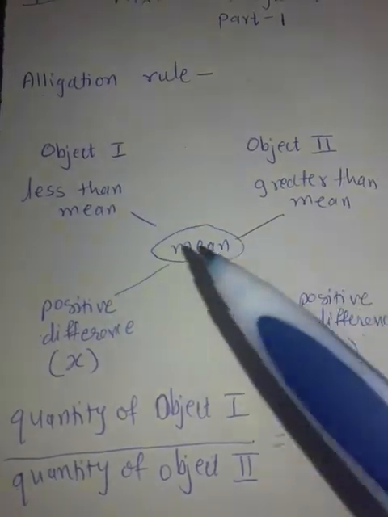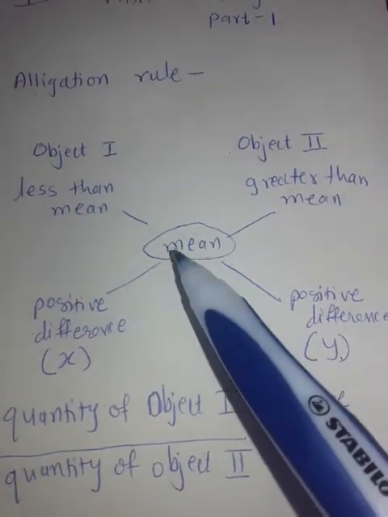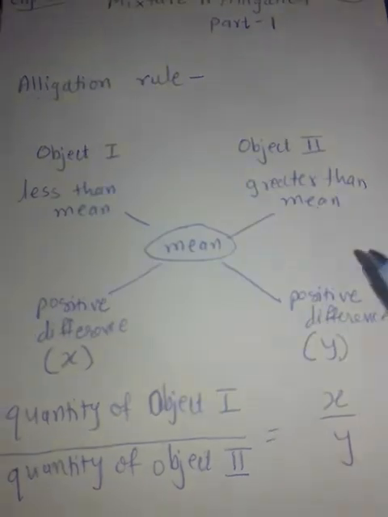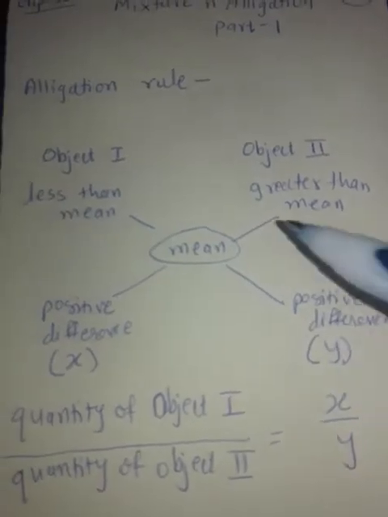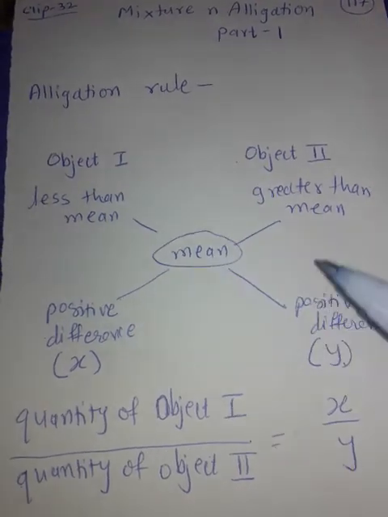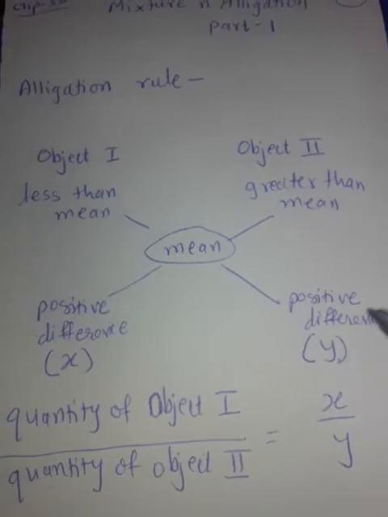Now what I need to do, I need to take the difference. Less than mean, so mean minus this value. Positive difference. I always need positive difference. Since this is less than mean, I will subtract it from mean and I'll arrive at some value. This minus this. Let me call it y.